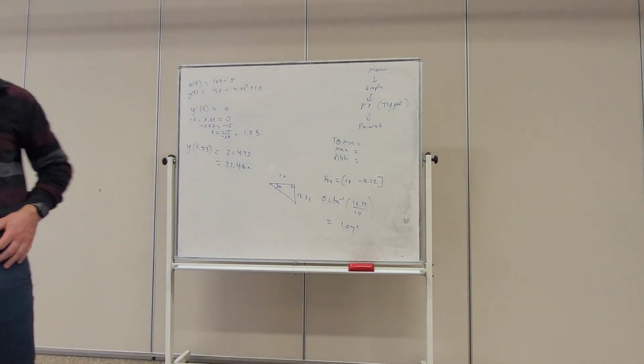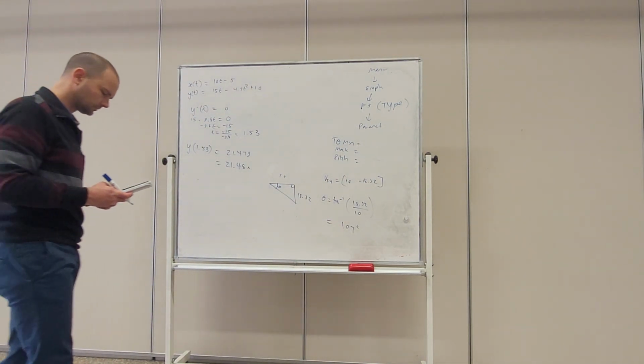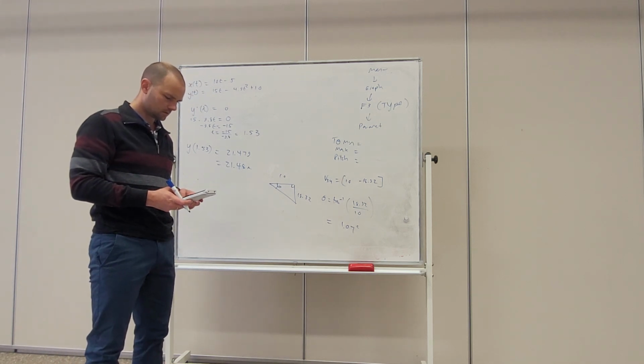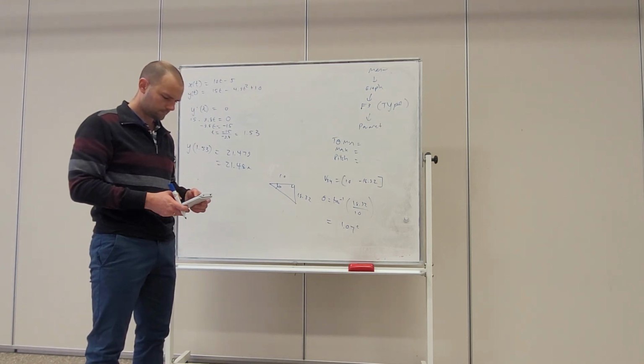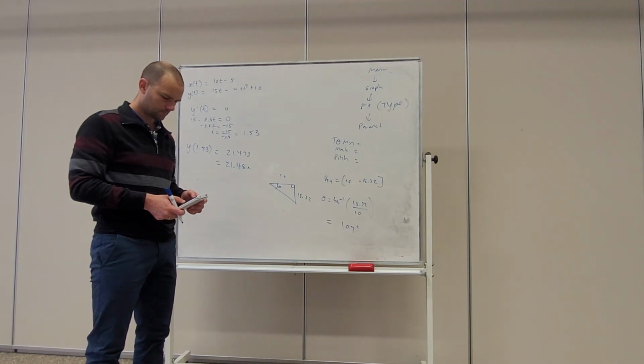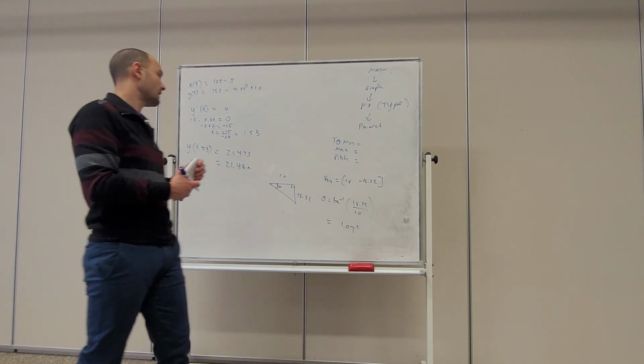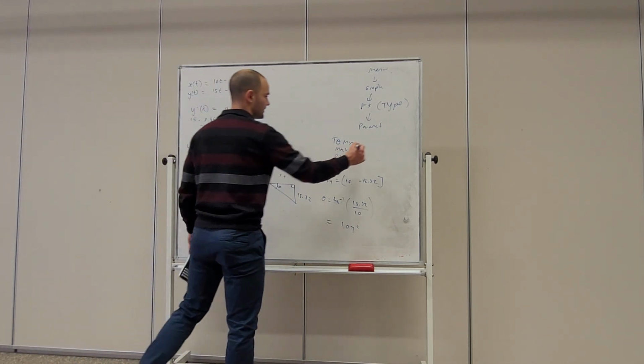So the minimum shows the lowest value of t, so we've got that set to 0.